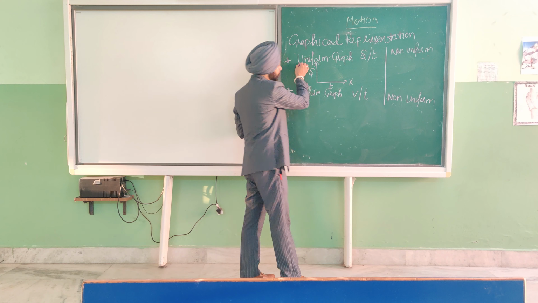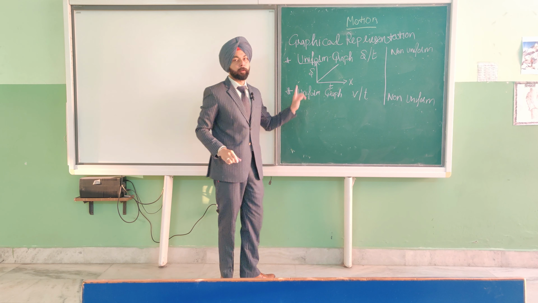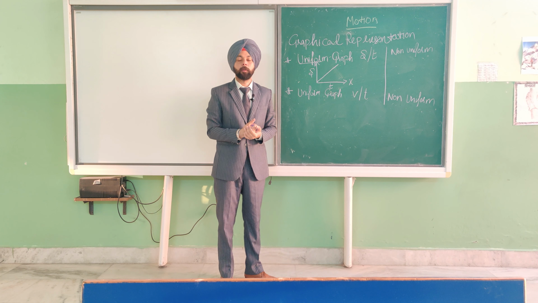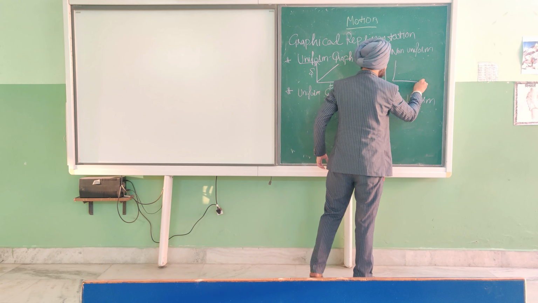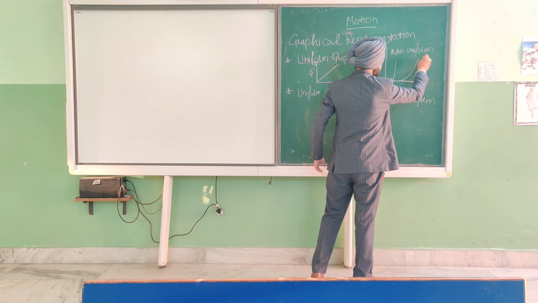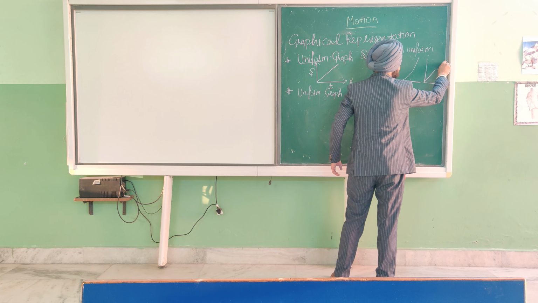If we talk about a uniform distance time graph, it is always a straight path. And if I talk about a non-uniform one, it is a zigzag. It is this one and it is also this one.